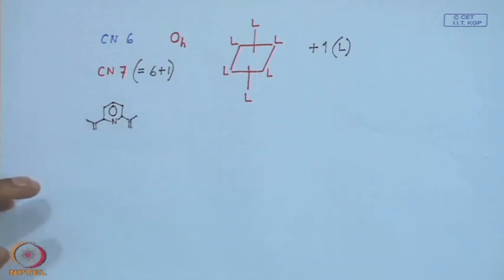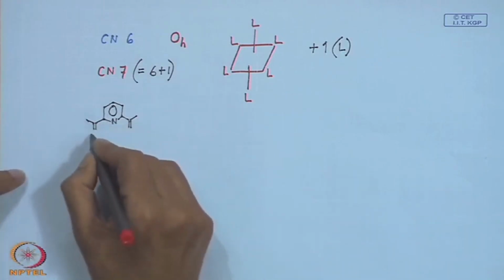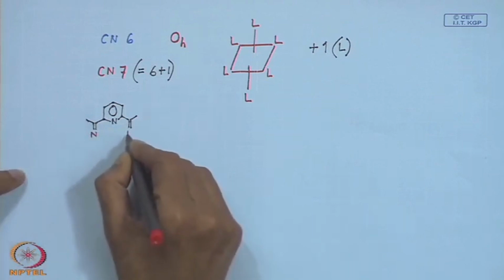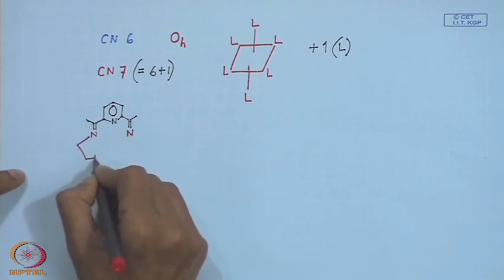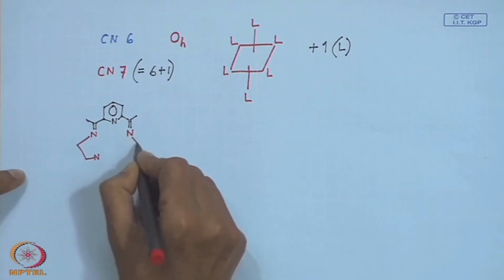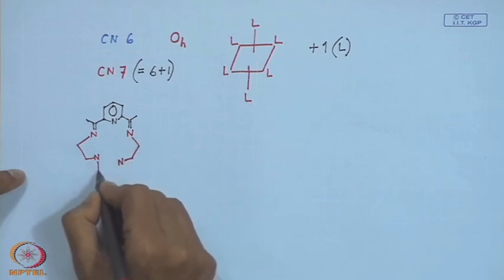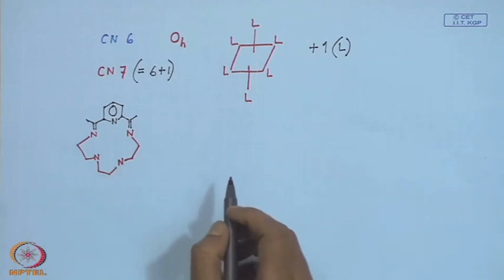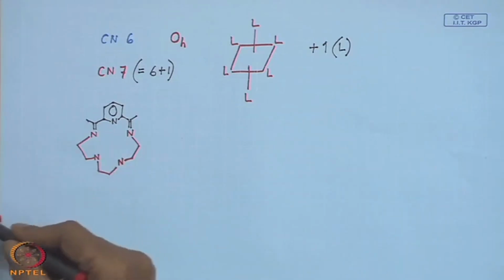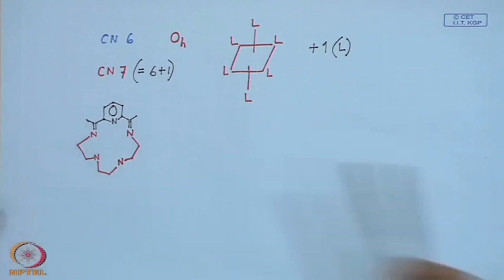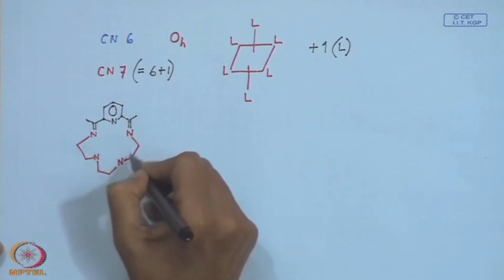When 2,6-diacetyl pyridine is condensed through a Schiff base condensation reaction with triethylene tetramine, this is triethylene tetramine, we get a corresponding ligand system which is pentadentate.